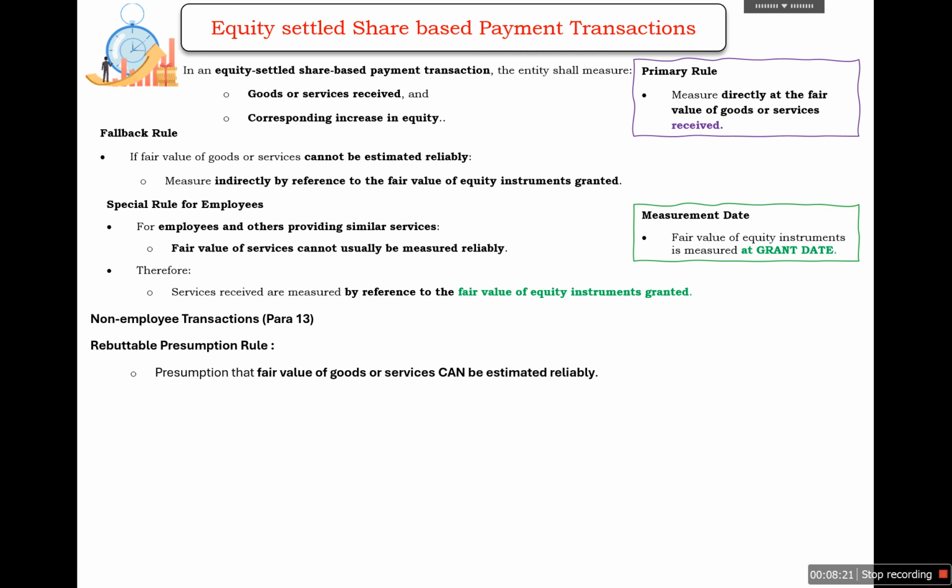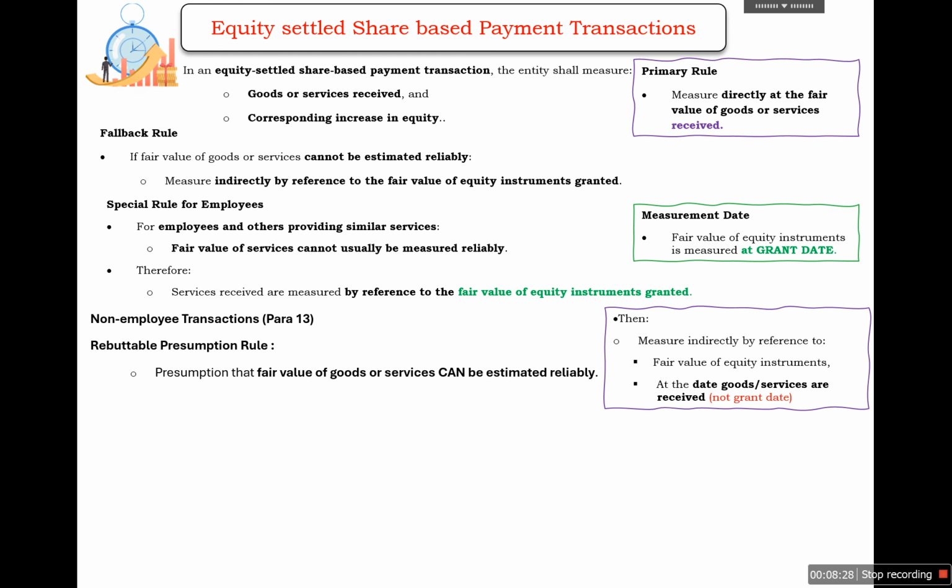In the case of non-employee transactions, there is a rebuttable presumption, applied only in rare cases, that if the entity rebuts the presumption that fair value cannot be estimated reliably, then we need to take reference to the fair value of the equity instrument, but it will be on the date when goods and services are received. It will not be on the grant date. Grant date applies only in the case of employees.